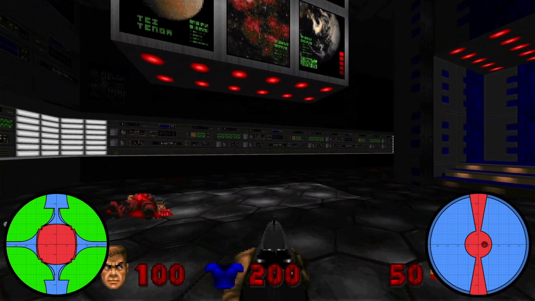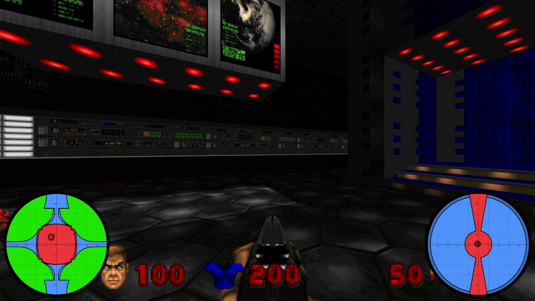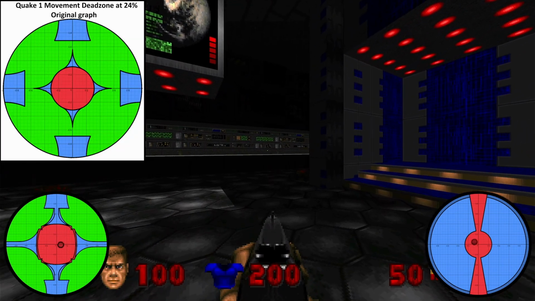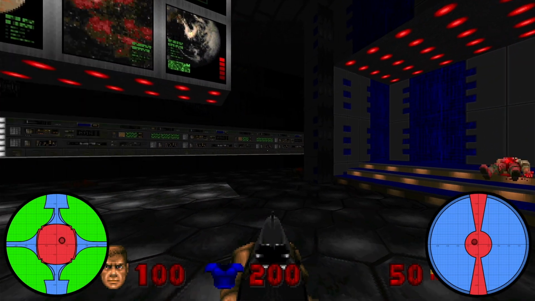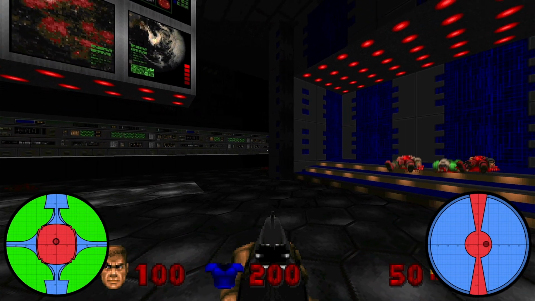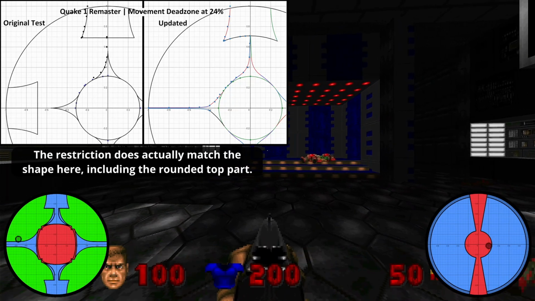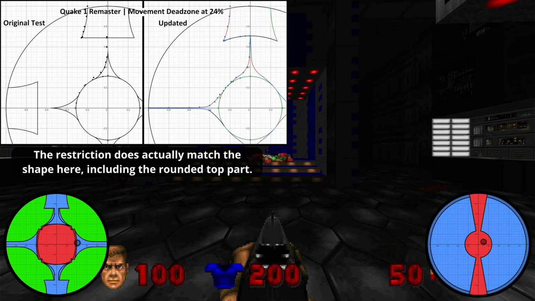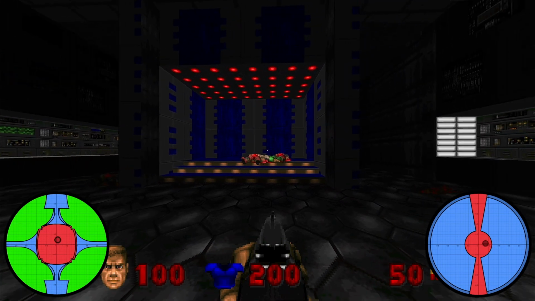Around the vertical threshold, this is a different shape than what I drew for the Quake remasters. For them, I tested around the horizontal axis for the forward and back restriction. And normally I assume symmetry, so I might have to go back and see if those restrictions actually match this, because I could have been wrong and just assumed symmetry where there wasn't some around the vertical axis.